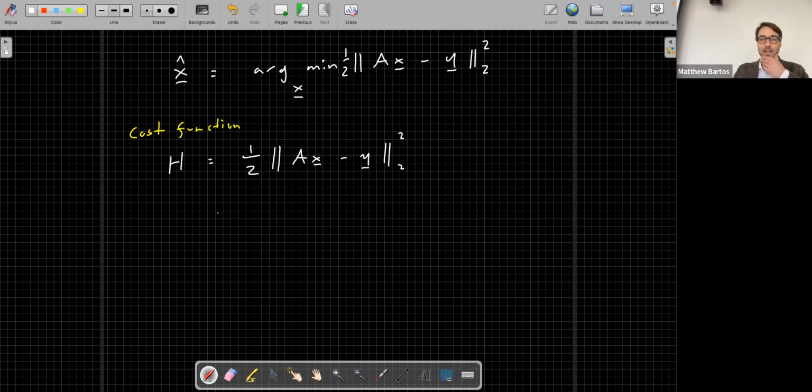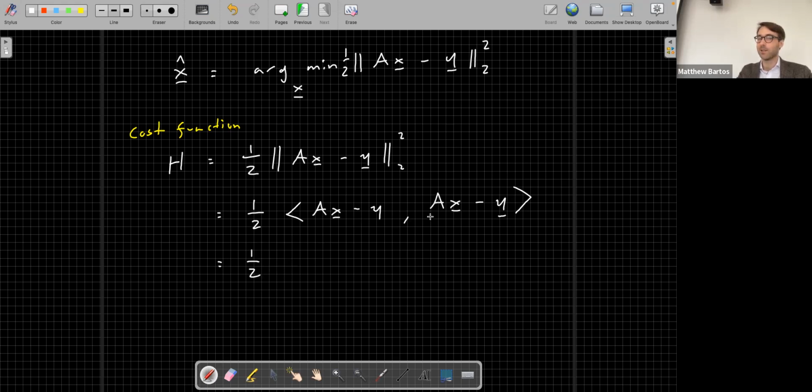Okay, note that the 2 norm of ax minus y squared is simply equal to the inner product of ax minus y with ax minus y. This is just from the definition of the 2 norm. It's equal to the inner product of ax minus y with itself. So how can we re-express this inner product?